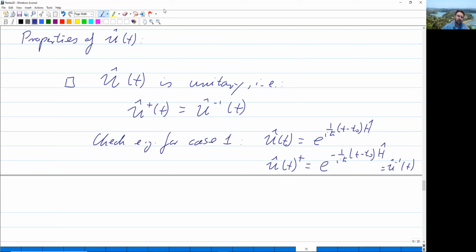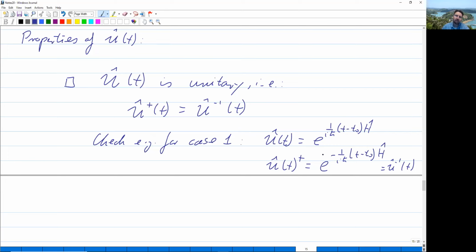Remember we had that earlier in this lecture. So the eigenvalues are phases, complex numbers on the unit circle in the complex plane. And they have, of course, the property that when you take their complex conjugate, they are their inverse.